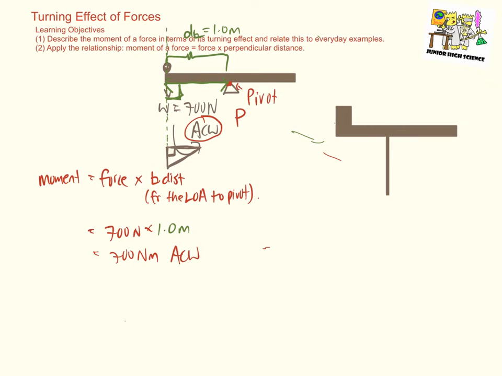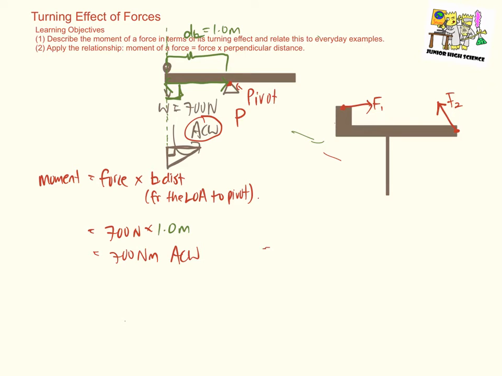Let's try to apply what we have learned on another example. So I've drawn for you this structure, and there is this force acting on this structure. Let me call it F1. And there is another force acting on the structure in this direction, F2.